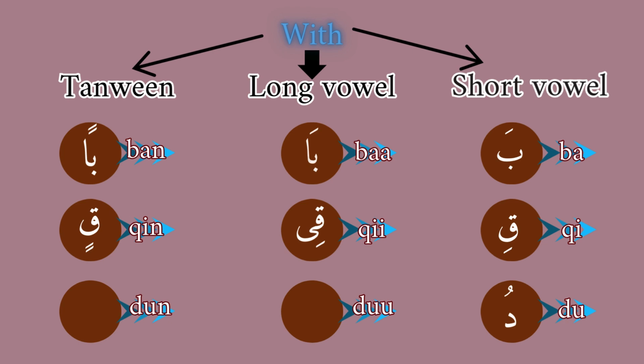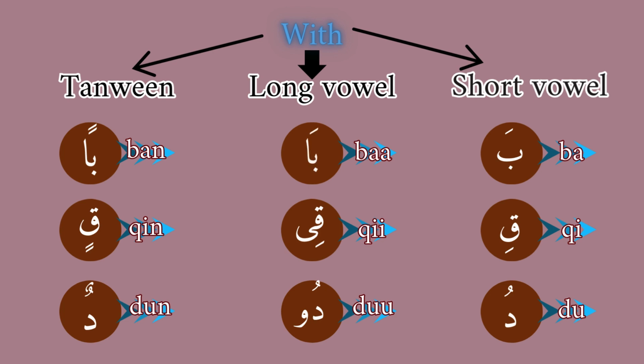Dal with the single damma, short vowel damma gives a du sound. At the same time, the same letter dal with the damma followed by a long vowel wow, it gets the sound doo, right? A little bit stretched sound. Now the same letter dal with the double damma, dammatain, we will read it dun, right?